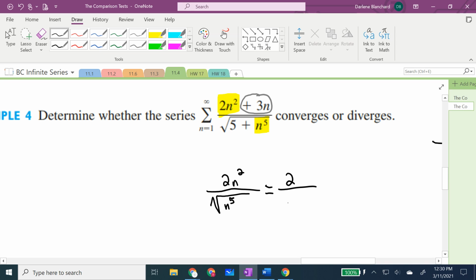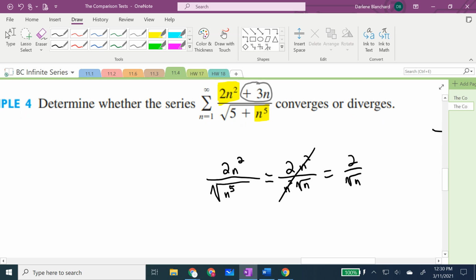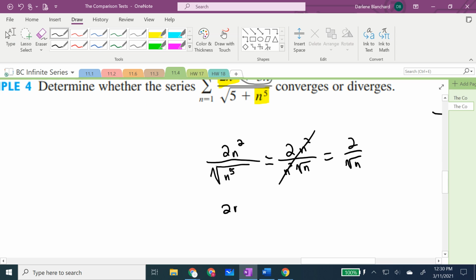Some of you were seeing that this square root of n to the fifth is n squared times the square root of n. You could use that to your advantage. You could also just throw in exponent rules if you need to.